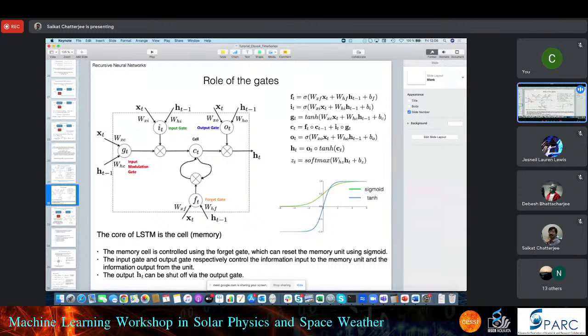And then the input gate and output gate respectively control the information input to the memory. I mean, how the memory is getting input is also controlled or modulated by this input gate. Okay. And from the memory cell, the hidden state sequence HT will be controlled by this output gate.